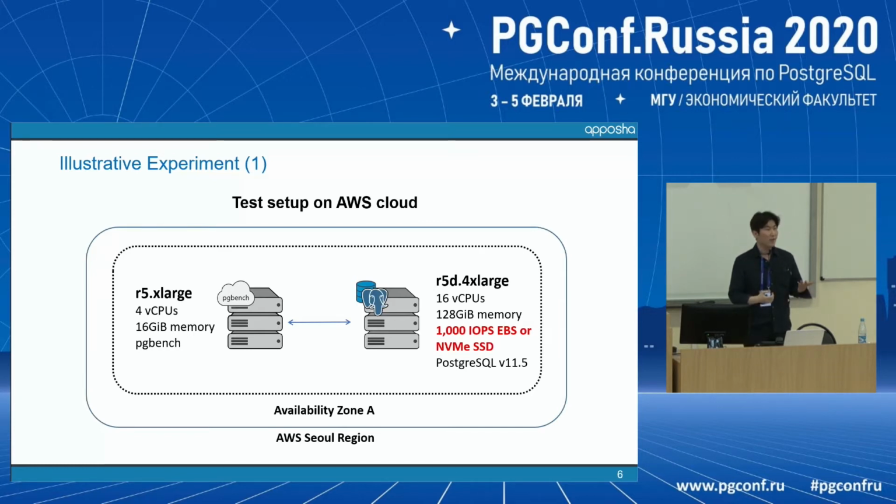For the client machine, I used an R5 xlarge, which is equipped with 4 cores and 16 gigabytes of memory. For the PostgreSQL server, I used the R5 4xlarge type, which has 16 virtual cores and 128 gigabytes of memory. For this test, I used an NVMe SSD directly attached to the physical machine hosting this virtual machine, and also a 1000 IOPS SSD volume as storage.